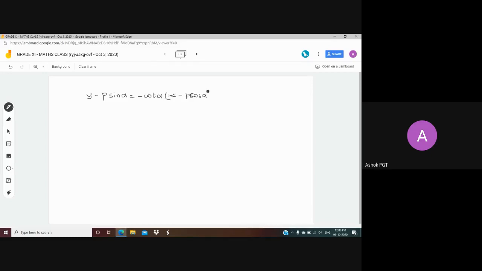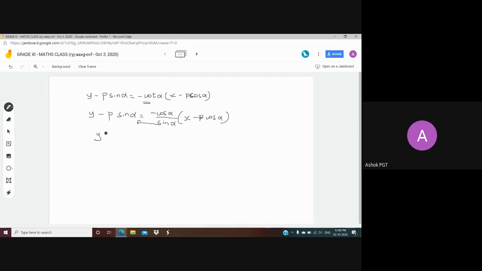In place of x1 I can substitute p into cos alpha. Now I can rewrite cot alpha as cos divided by sin. So y minus p sin alpha is equal to minus cos alpha divided by sin alpha into x minus p cos alpha. Then we can cross multiply the sin alpha.